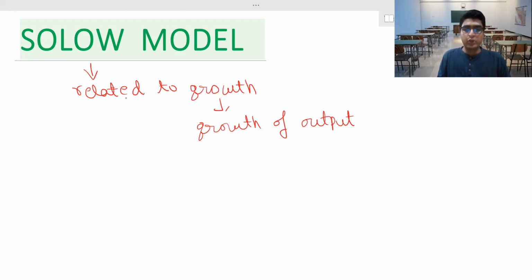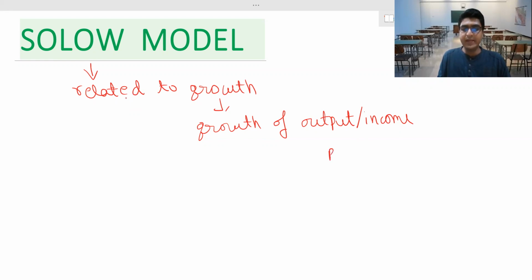Okay, it's about growth of output, and we also call it output or income. So basically the assumption is that the price of everything is 1. So in value terms, output becomes equal to income.